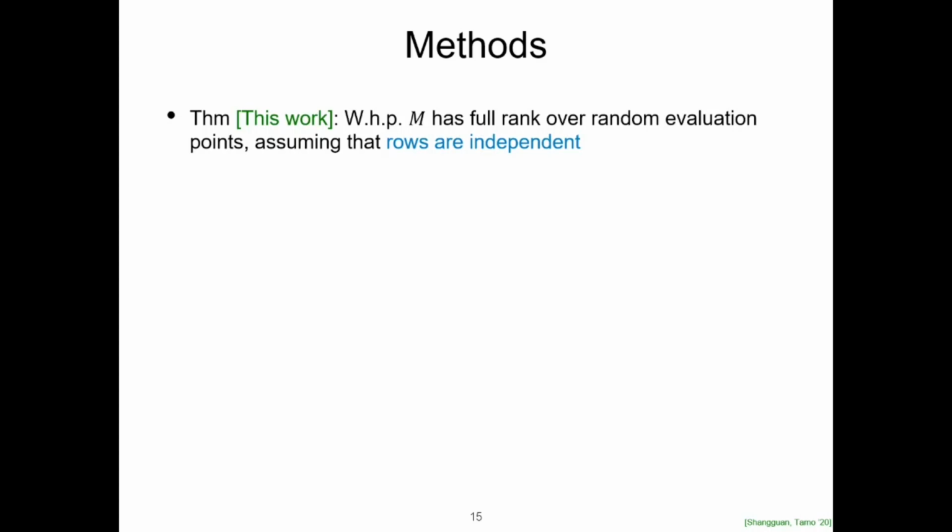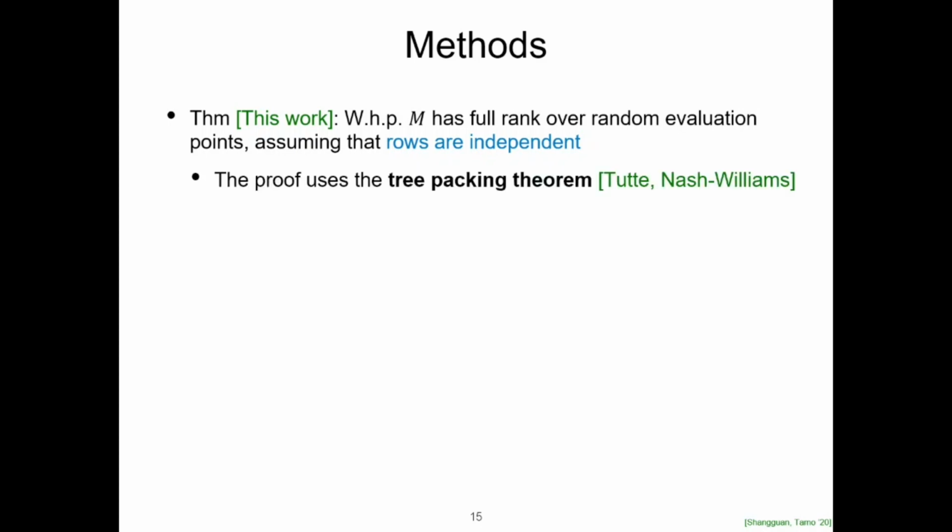And in our paper, we show that with high probability the intersection matrix has full rank over the random choice of evaluation points, assuming an extra condition that the rows of the intersection matrix are independent in the sense that the different rows depend on different evaluation points. Now, the proof of this theorem uses the tree packing theorem proved by Tutte and Nash-Williams.